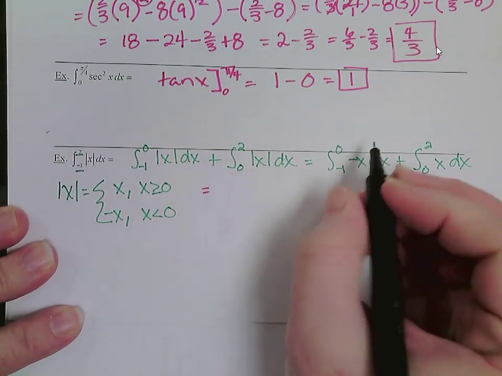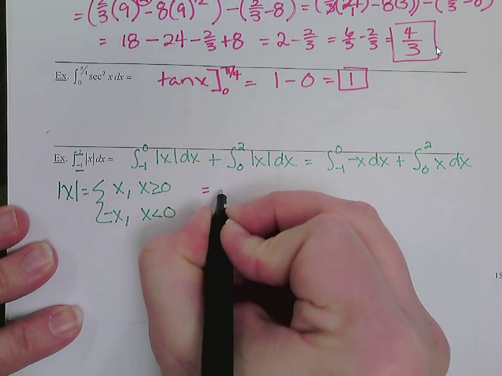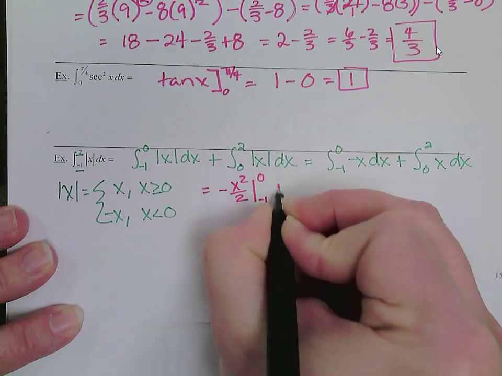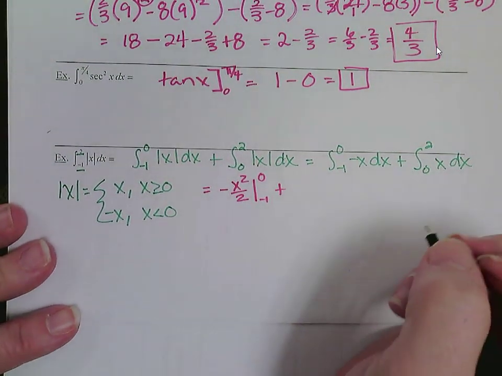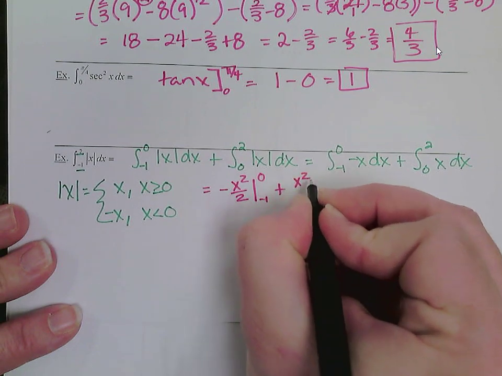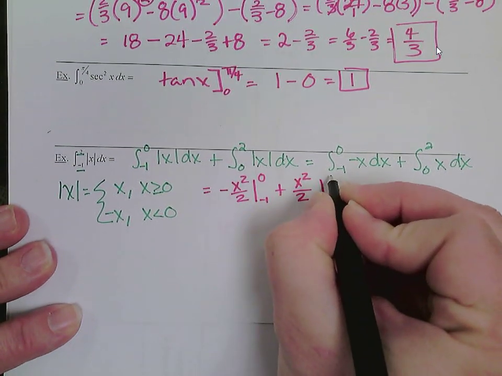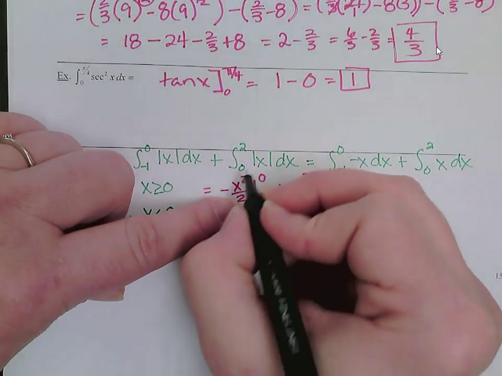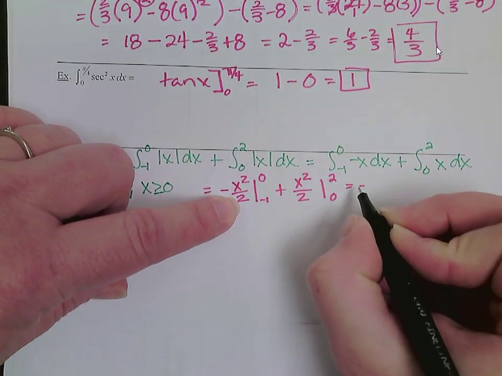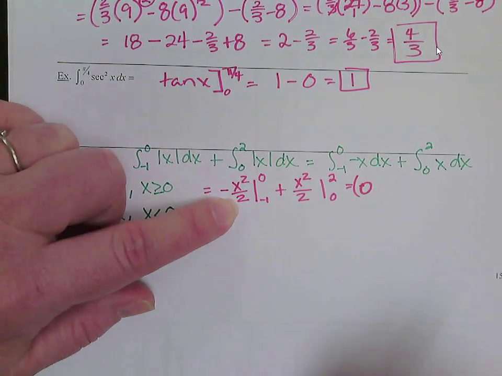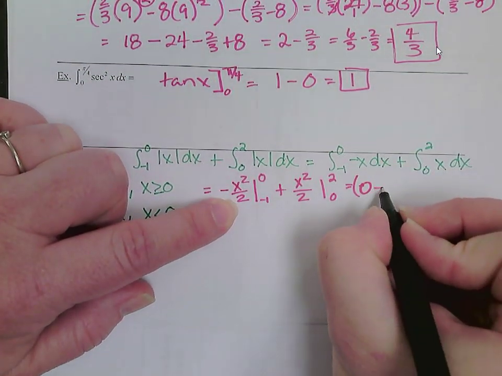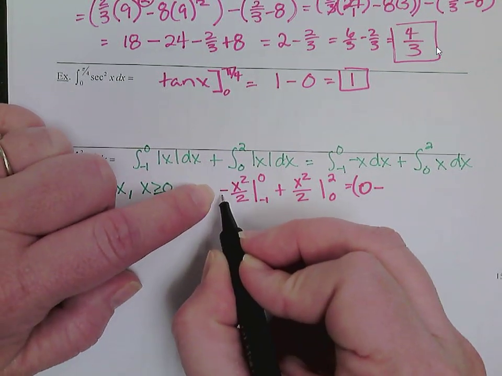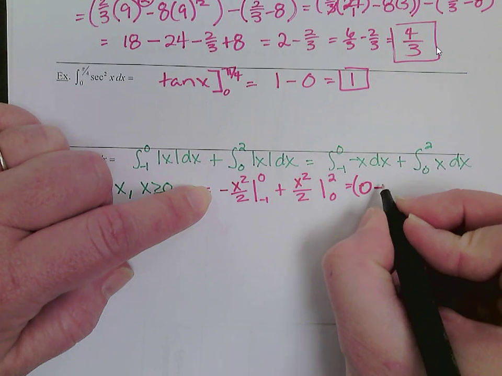The antiderivative of negative x is negative x squared over 2, from negative 1 to 0. Plus the antiderivative of x is x squared over 2 from 0 to 2. So then I have 0 squared, negative 0 squared over 2, which is 0, minus negative 1 squared is 1 over 2, but then it's negative, so minus negative 1/2 or plus 1/2.